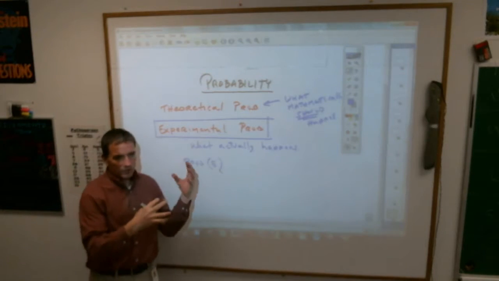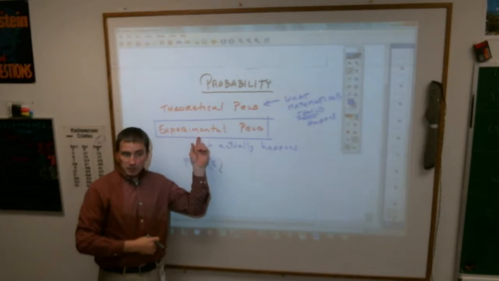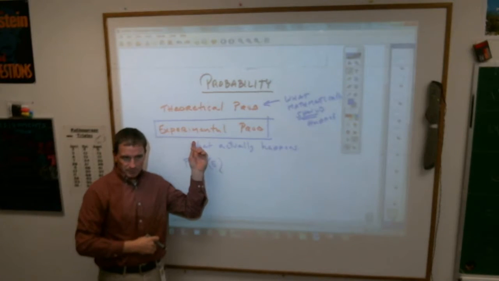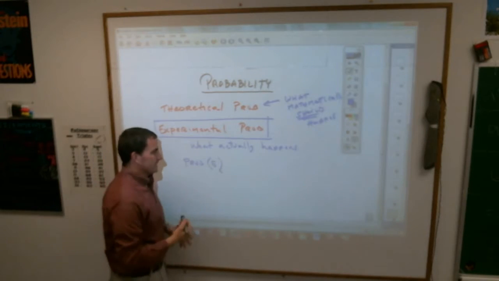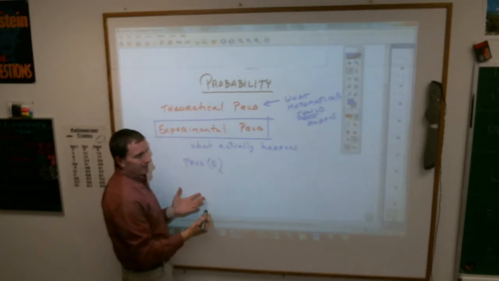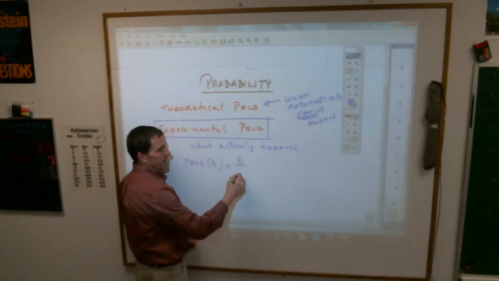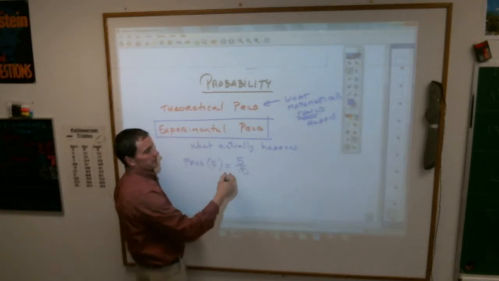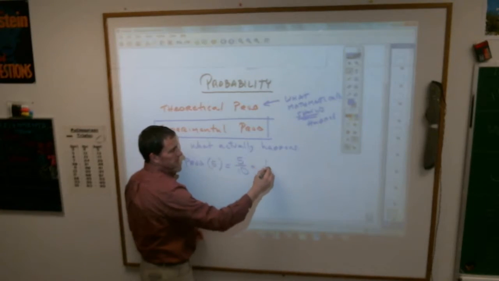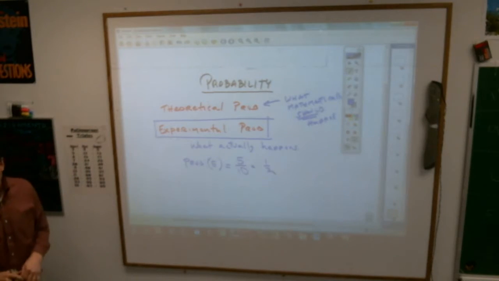There's no mathematical formula that would figure that out. But Elijah's probably shot some free throws in games. Let's say he shot 10 free throws and made 5 of them. Out of 10 times, he made 5, so his experimental probability is 1 for 2, or half. His probability is 1/2 that he's going to make that one.